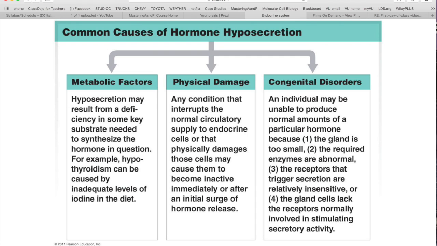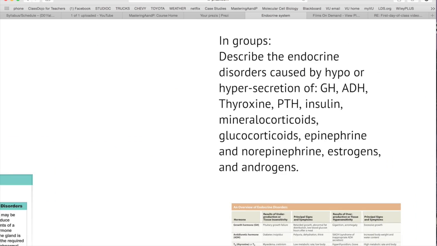And then the third would be congenital disorders. So if the gland is too small, or you don't have the right enzymes, or the receptors are not sensitive enough, or if the gland cells don't have the receptors they need, these can all cause hyposecretion of hormones. So metabolic factors, physical damage, and congenital disorders.